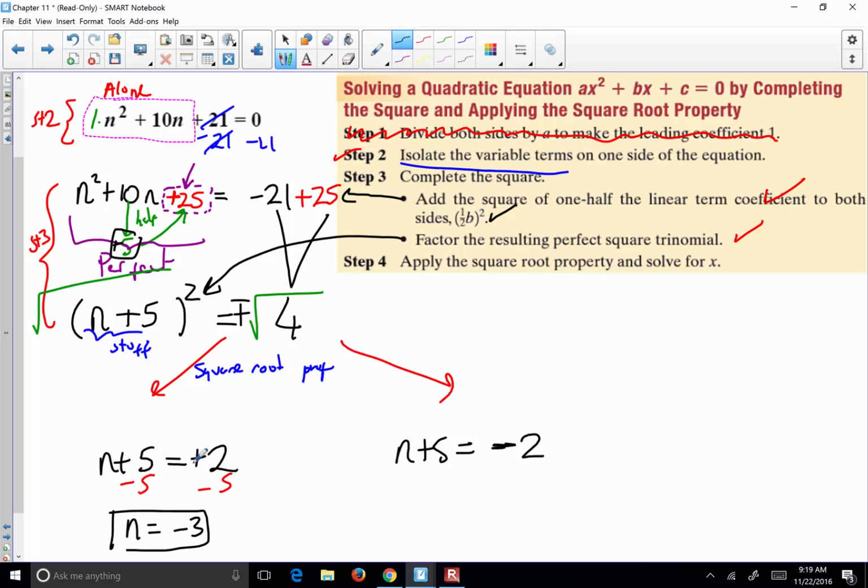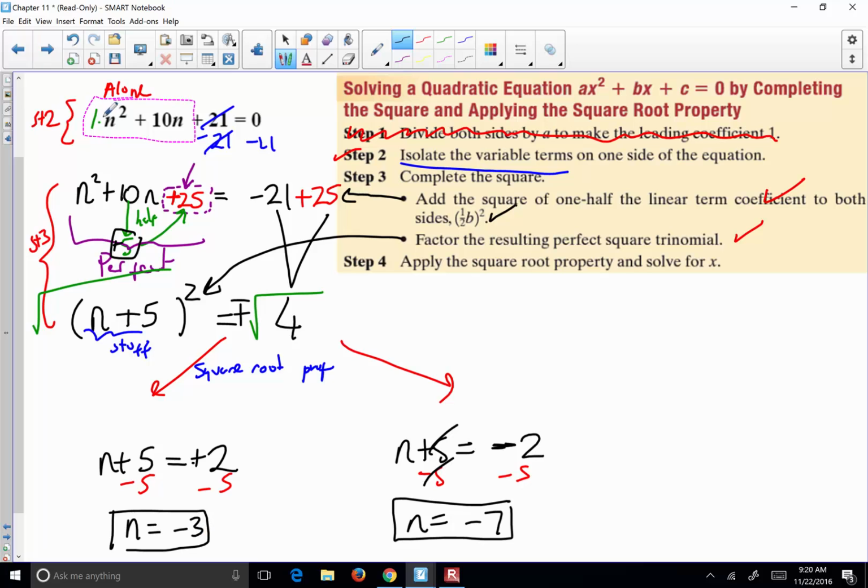So you separate plus 2 and minus 2 into 2 equations and do the similar work for this side as well and get another value for n. Usually in these questions you will obtain 2 solutions. Usually, but sometimes you may end up with a single one as well. Rarely though. Is this clear?